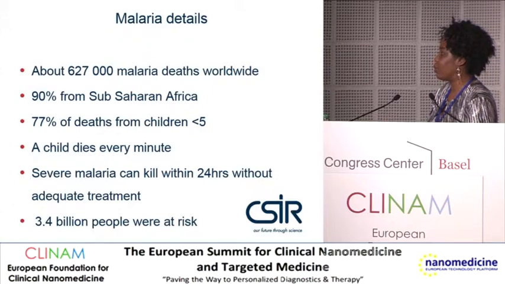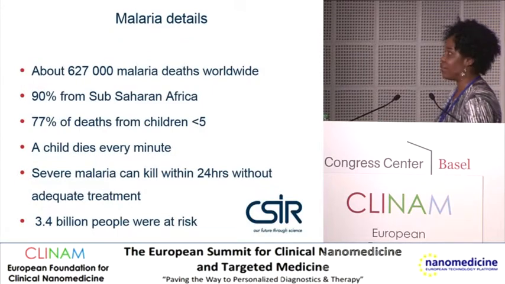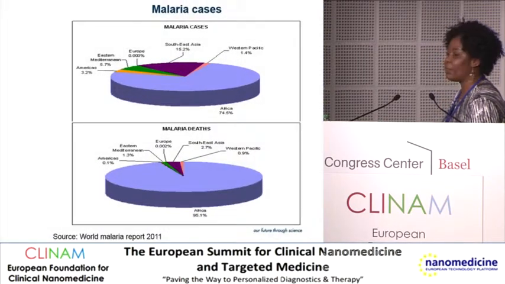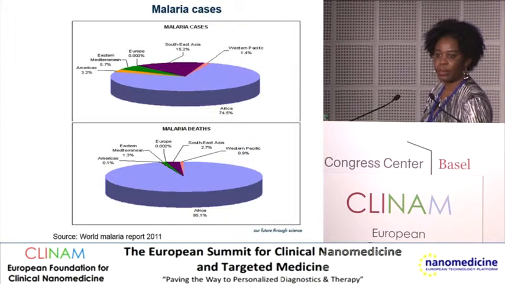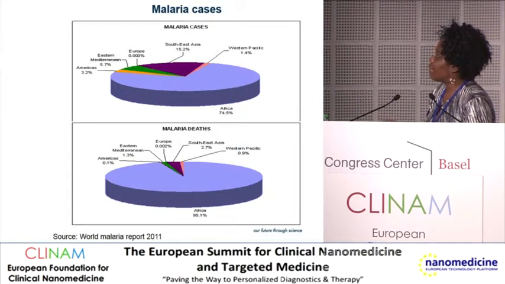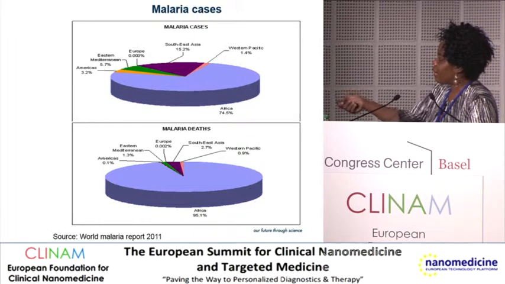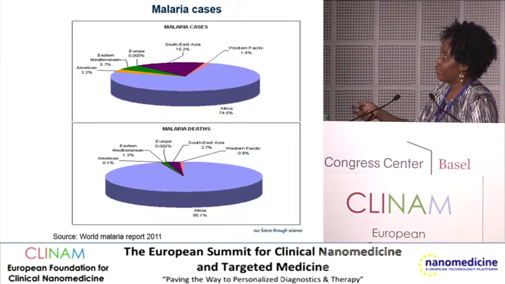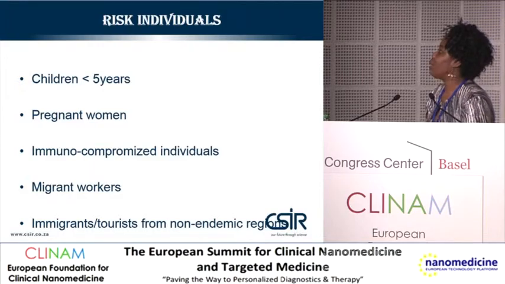Up to 3.4 billion people are at risk, including these children, pregnant women, migrant workers, or those on tourism in endemic countries. If you take a look at this chart, you will see the emphasis, the 95.1 in Africa, and that's the deaths, and the cases are also huge in Africa.